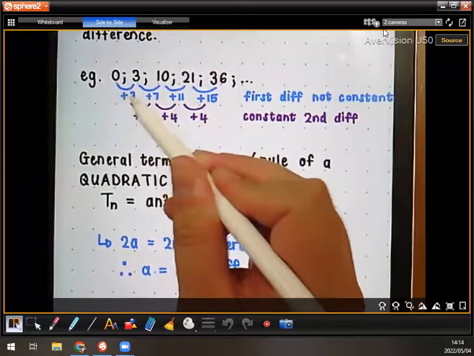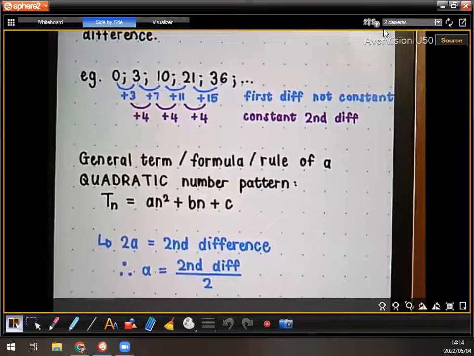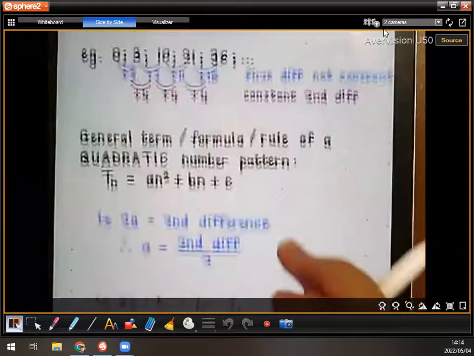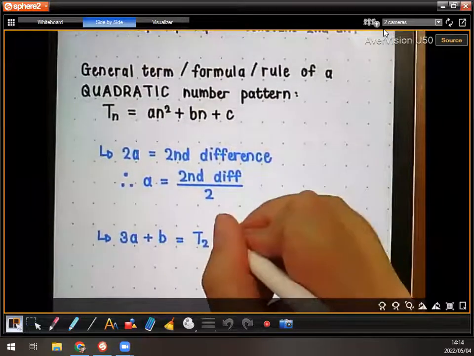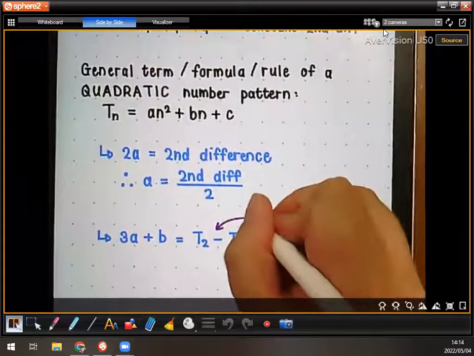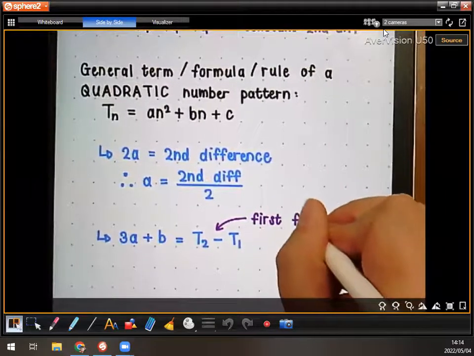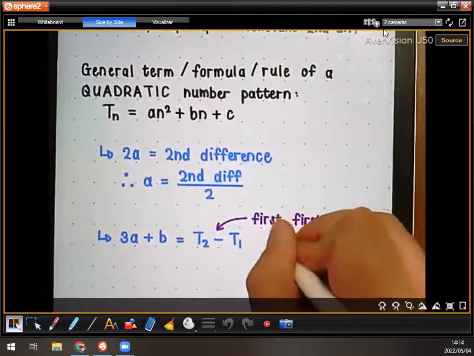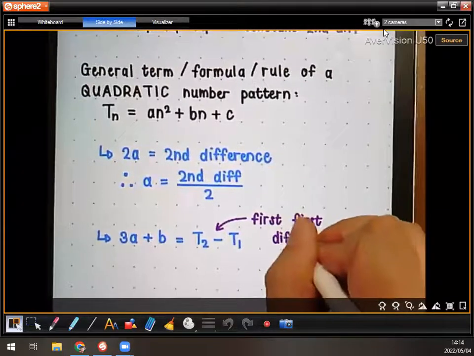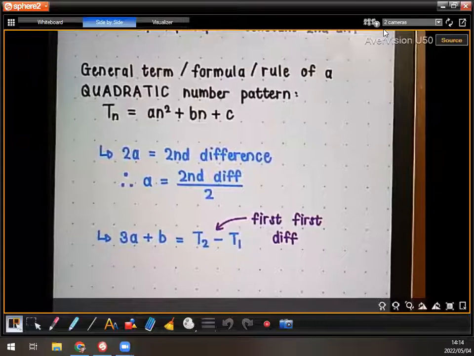So this first difference that you calculate is what you are going to use here. You can add a little note there saying this is the first difference. I just don't want you to get confused because I've said first twice, but it is the first difference that you calculate.